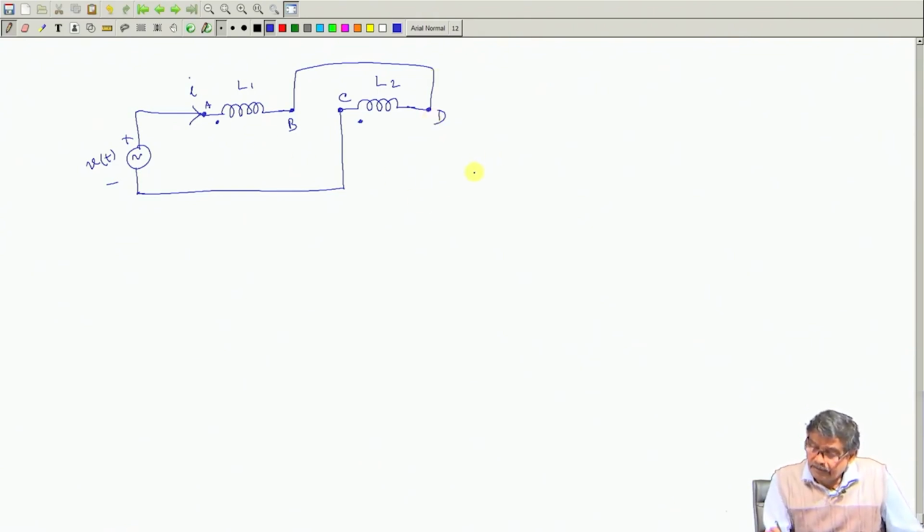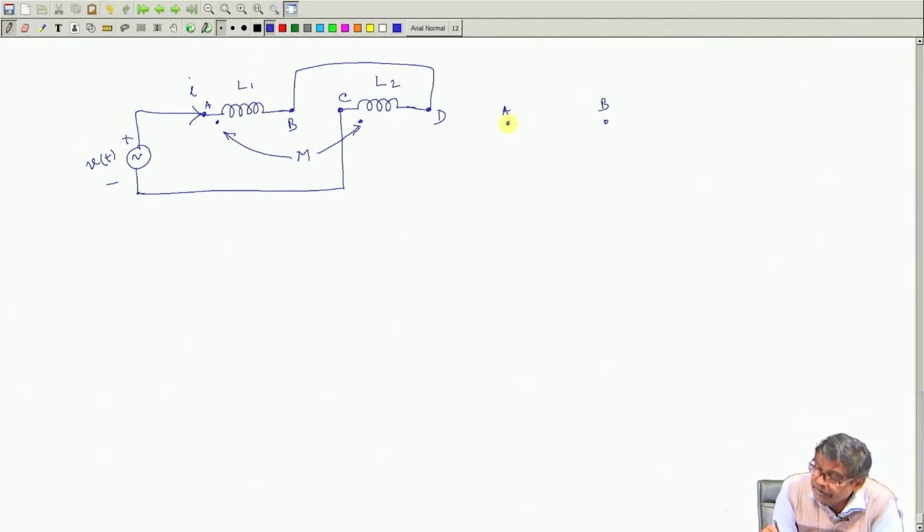Now, first between A and B, and mind you, these two coils have a mutual inductance, shown like that, M. So, across A B there will be two sources of EMFs. Now, listen carefully. So far as self induced EMF is concerned, L 1 d I dt will try to oppose the change in this I. So, this is plus, this is minus.